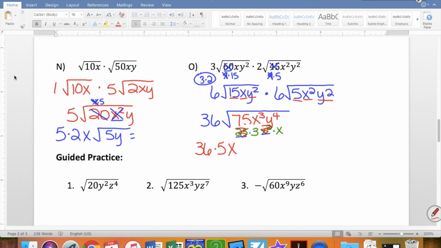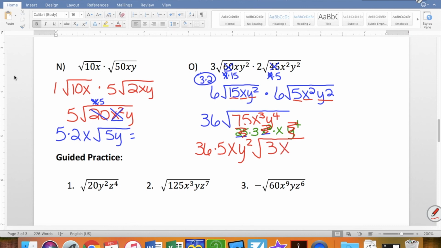Let me write this so we don't forget: I'm going to bring that y to the 4th down. I take the square root of y to the 4th, which is y squared. So now that's gone, and what's left under my radical is a 3 and an x.